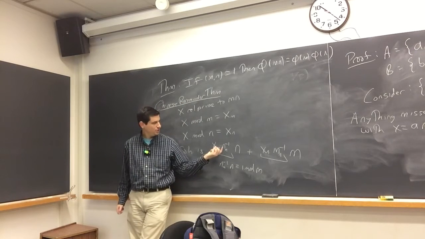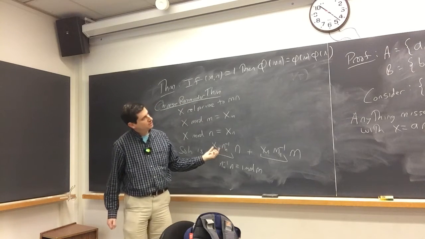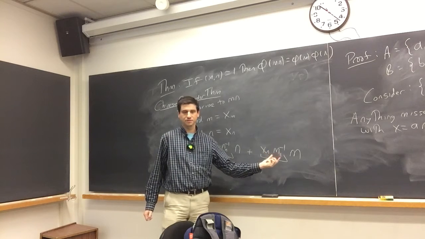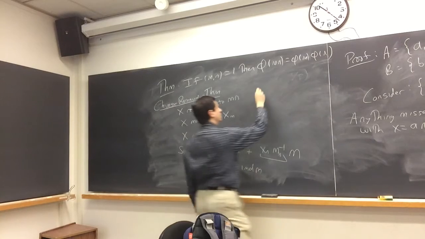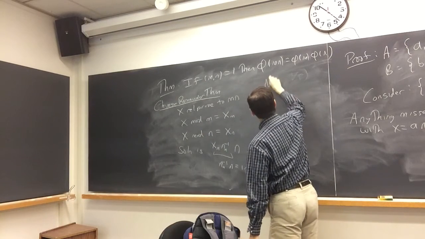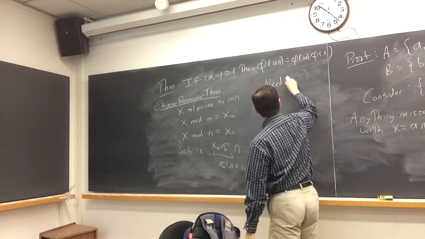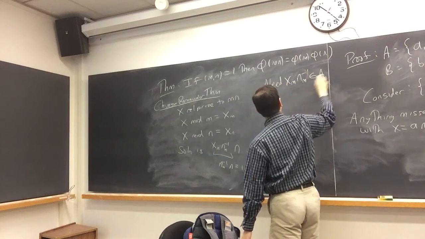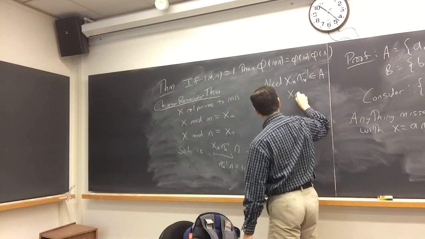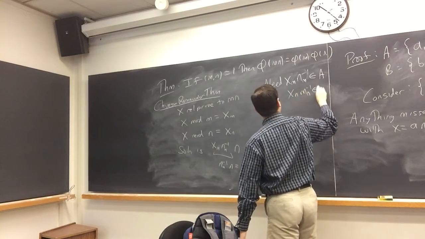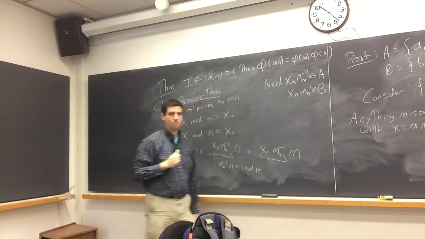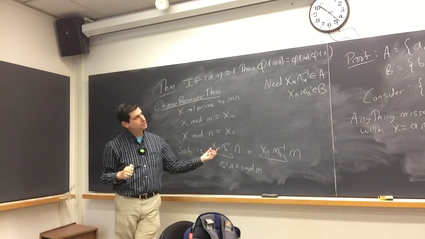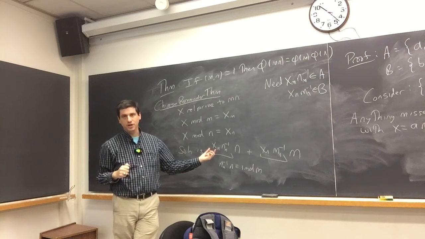All we have to do is show that this is in A and this is in B. So we need xm times n_m inverse in A, and we need xn times m_n inverse in B. Well, A is the set of all things that are relatively prime to m.